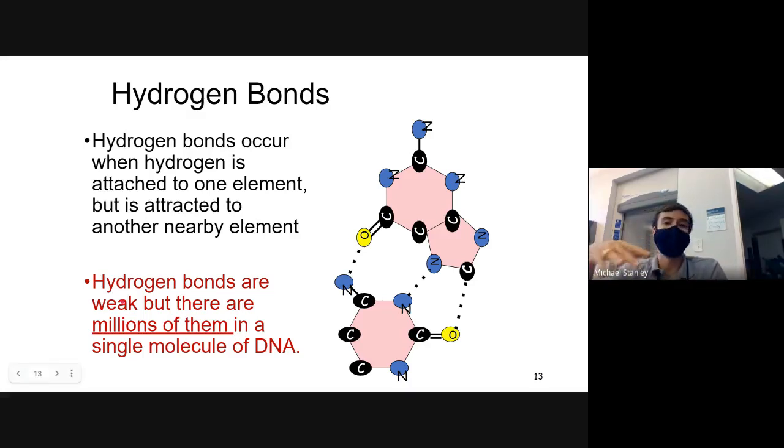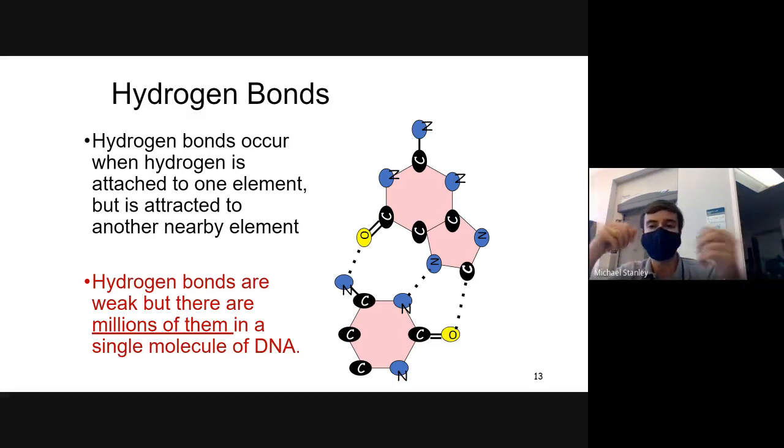The reason that DNA doesn't just fall apart is that there are so many bases in a single molecule of DNA. There are hundreds and thousands and millions of bases. So that is a lot of hydrogen bonds all connecting the different sides of the DNA together. This is what actually holds our two sides of the DNA together.